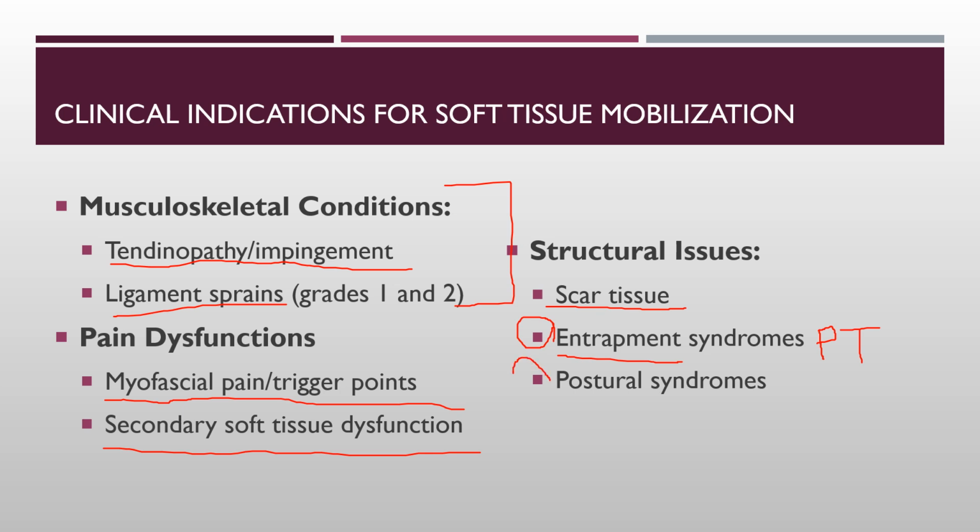And then we can always help improve postural syndromes. A common one is upper cross syndrome, where we see the forward shoulders and the rounding of those shoulders with really lengthened rhomboids and middle traps. So their scapula is going to be basically stuck in a protracted position.